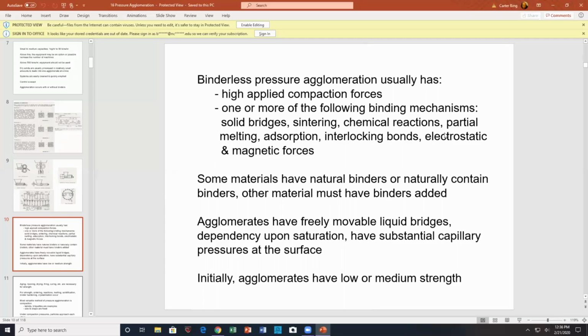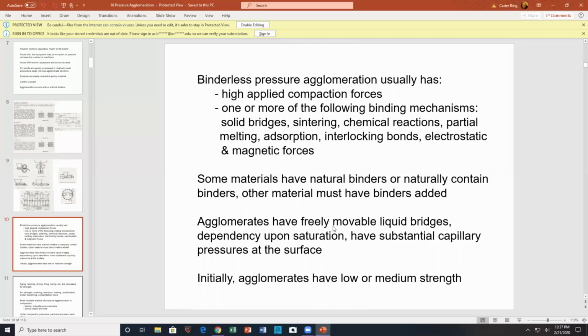Chemical reactions may be occurring, partial melting may be occurring, absorption, interlocking bonds, and of course our old friend electrostatics and magnetic forces. Some materials naturally contain binders. Other materials must have the binders added.